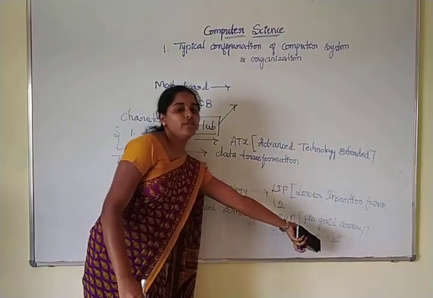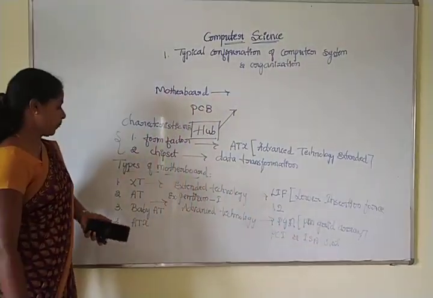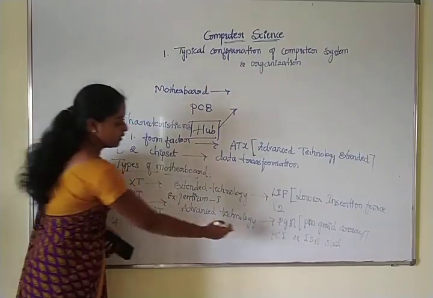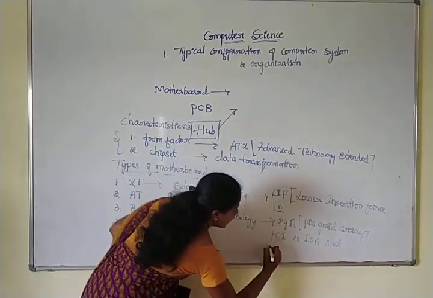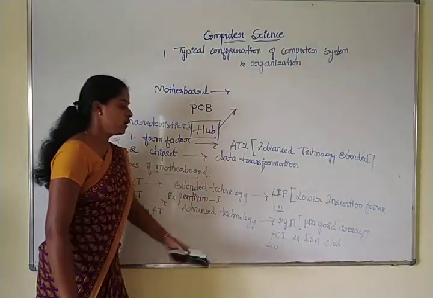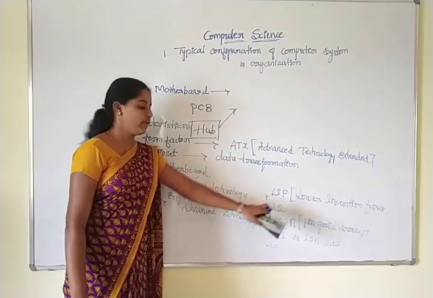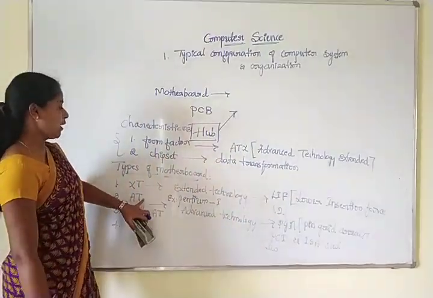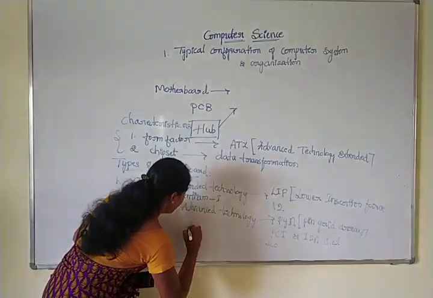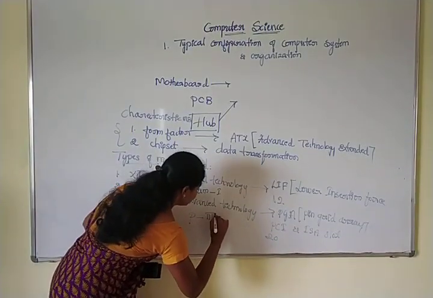About these slots we will discuss later. Here it has the 20 pin power connector. Here also there are no ports available. The example of the Advanced Technology is Pentium 3.